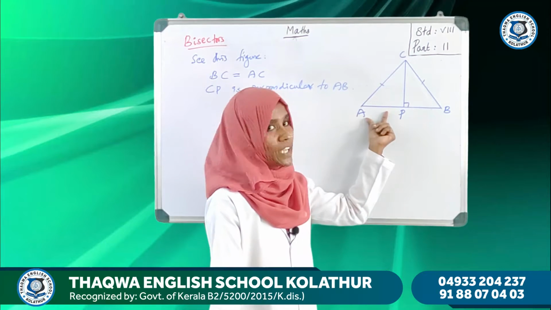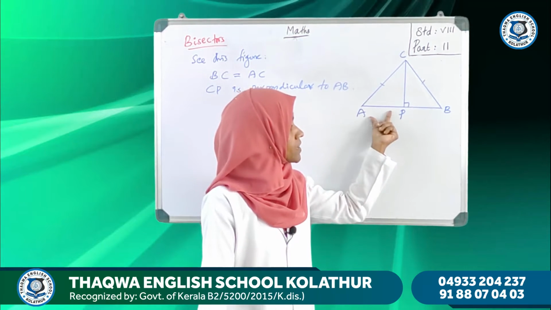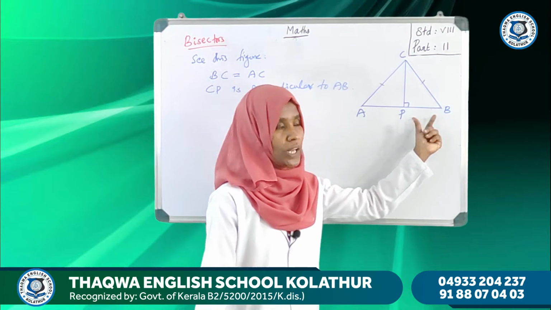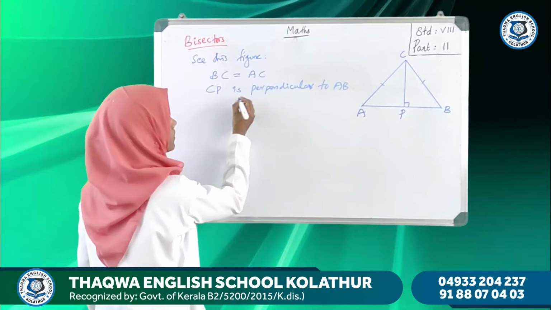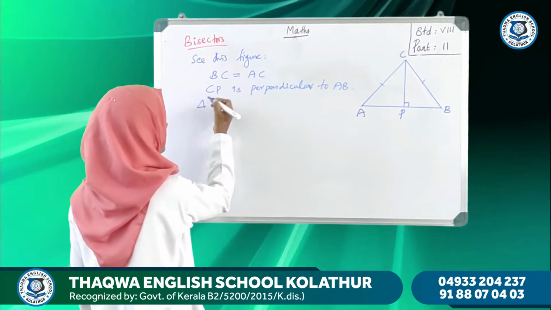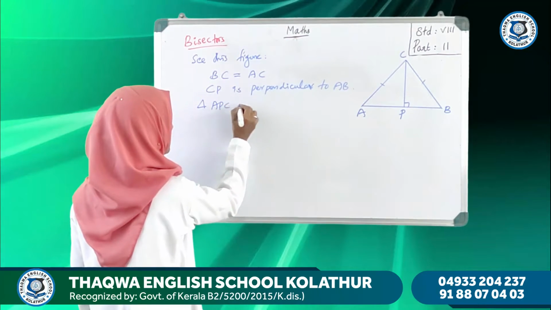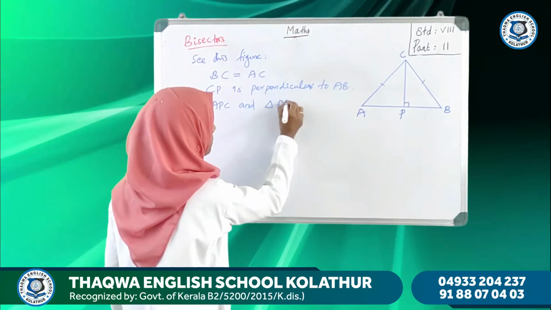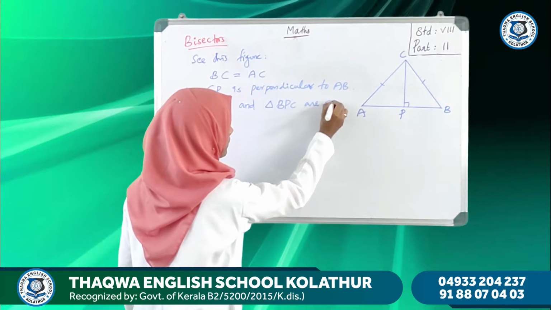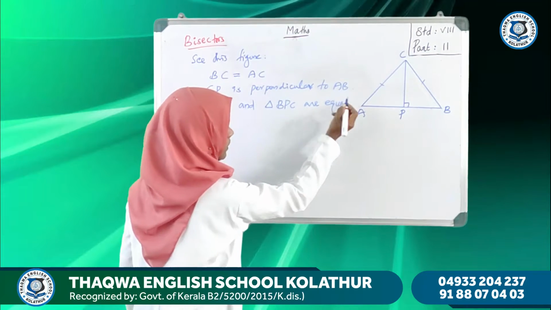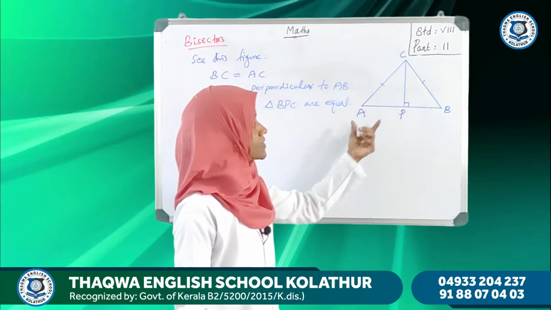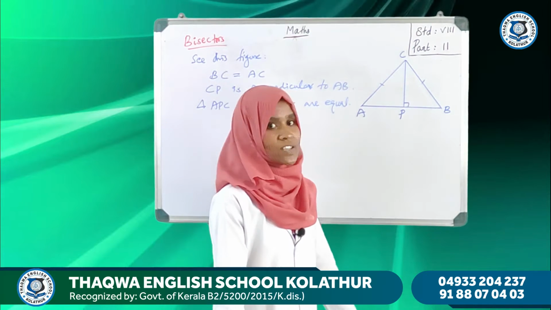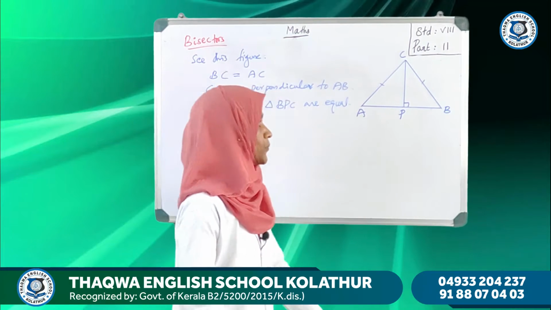So we can say that the sides AP and BP are equal. Triangle APC and triangle BPC are equal, or the angles and sides of these two triangles are equal. We have discussed in the last class.